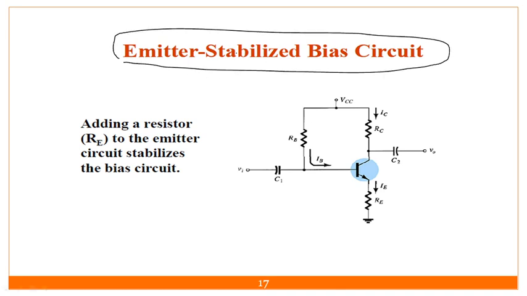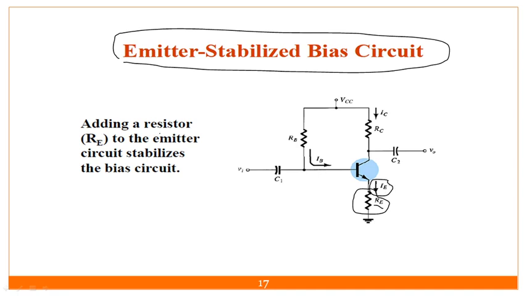What is the difference? They have added one resistor connected across our emitter terminal. As it is connected to the emitter terminal, its name is RE, and if a resistor is connected, it causes a current to flow, called IE.